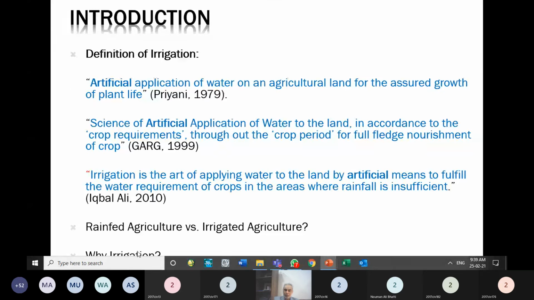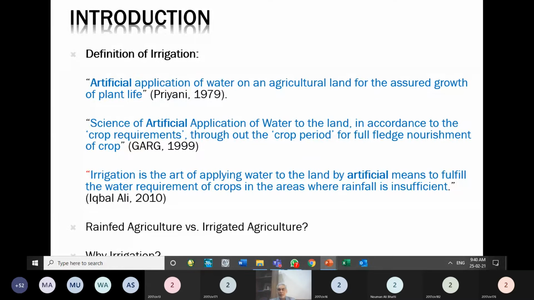So why irrigation? That is the answer: because rain is not available evenly throughout Pakistan. You should support this statement with the help of the normal rainfall map of Pakistan, stating that some part of Pakistan has less than 50 millimeter of rainfall and some part has more than 1800 millimeter.